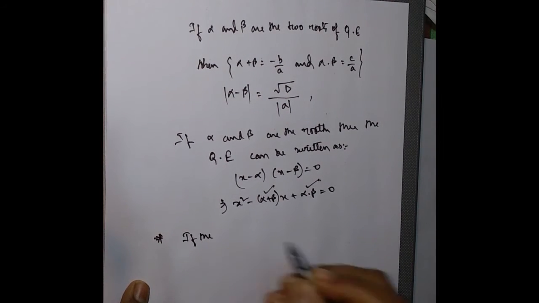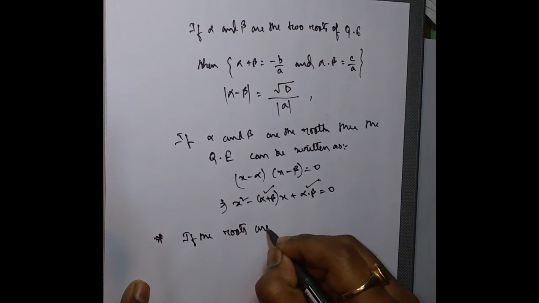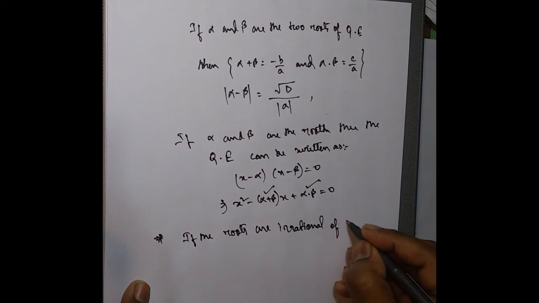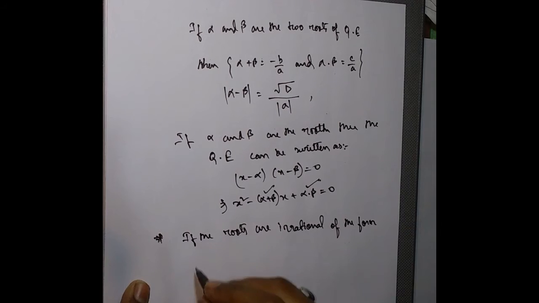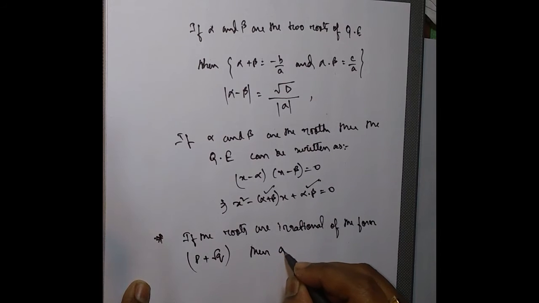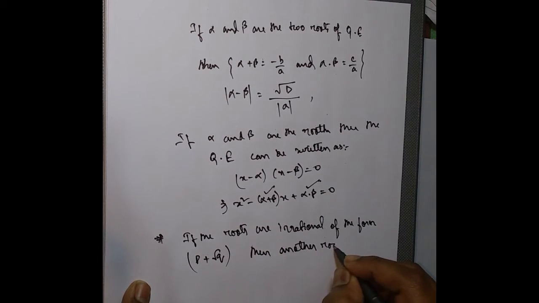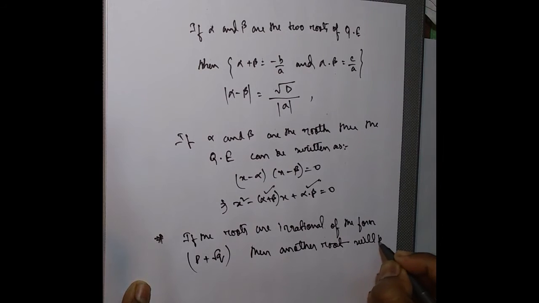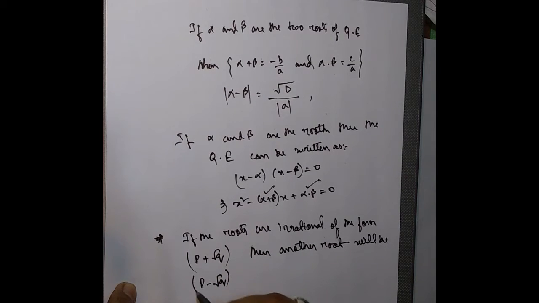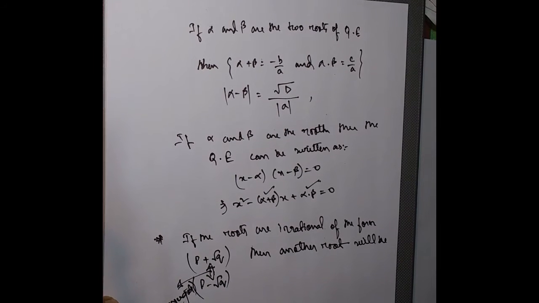If the roots are irrational, of the form p plus root q, if one of the roots is this, then the other root must be p minus root q, because these irrational roots are always conjugate. Okay students, always remember they are conjugate.